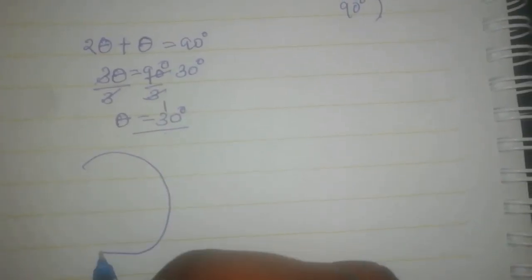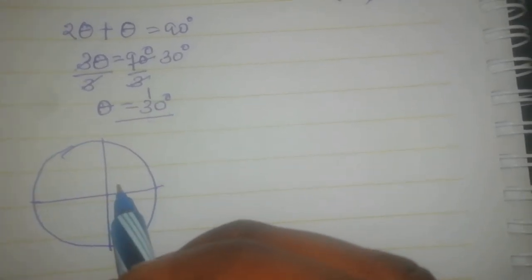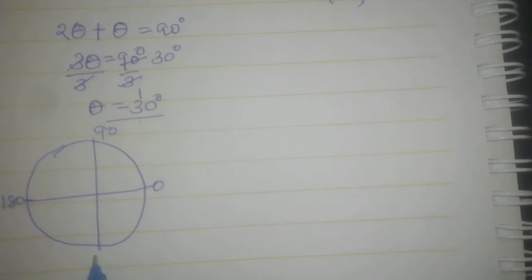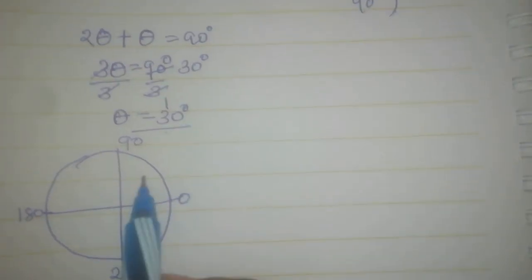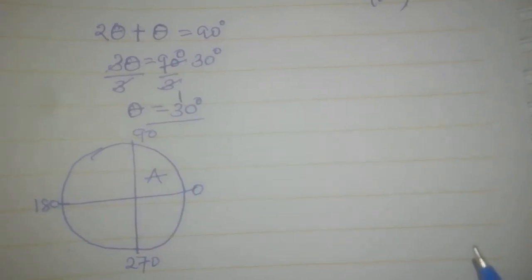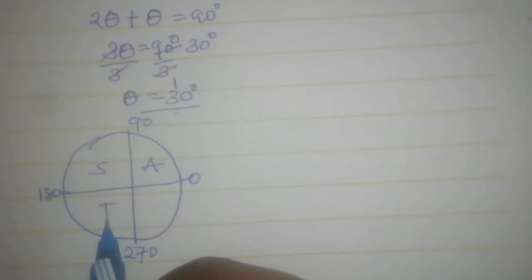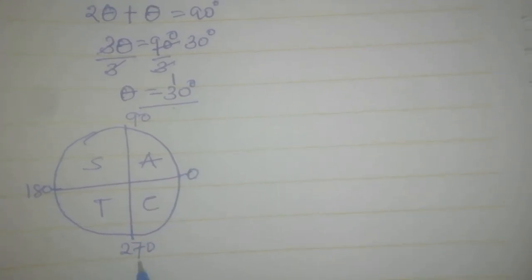So I'm just going to draw a sketch of a circle here, whereby this side is from 0 to 90 degrees, from 90 to 180 degrees, 180 to 270 degrees, then you go back to 360 where we have 0 after one rotation. For this one, all ratios are positive. For this one, only the sine is positive. For this one, only the tangent is positive. And for the last quadrant, only cosine is positive.